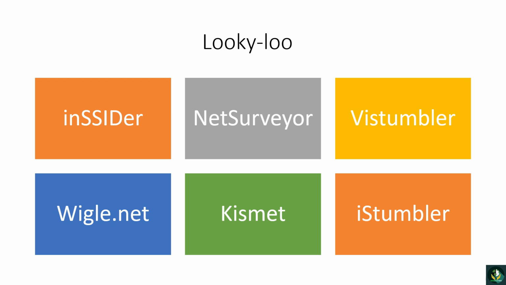It gives the attacker information such as channels of wireless networks, signal strength, and whether the access point is filtered, and we can export the Wi-Fi GPS data as an XML file to use in Google Earth.